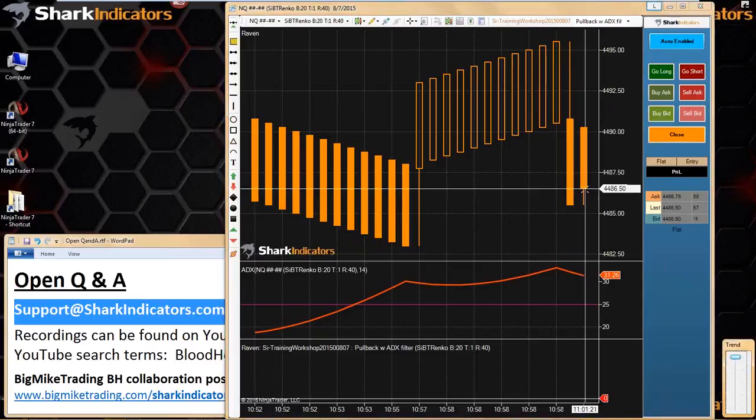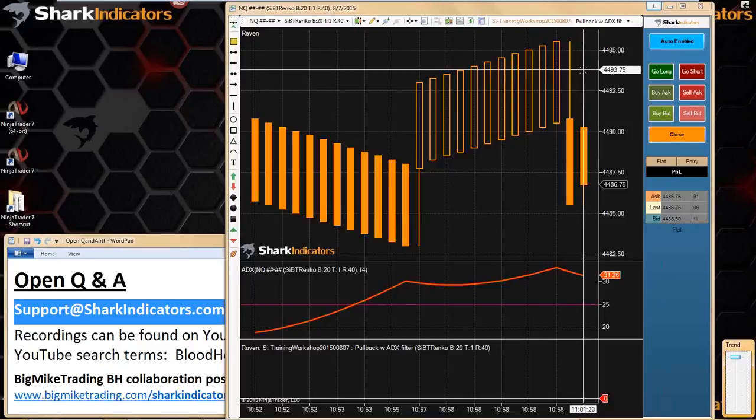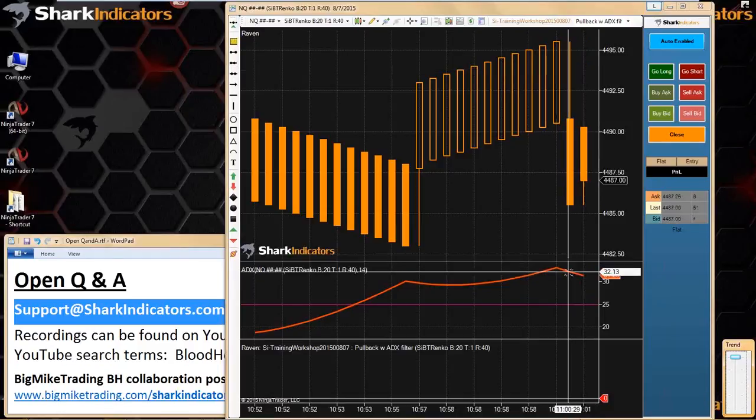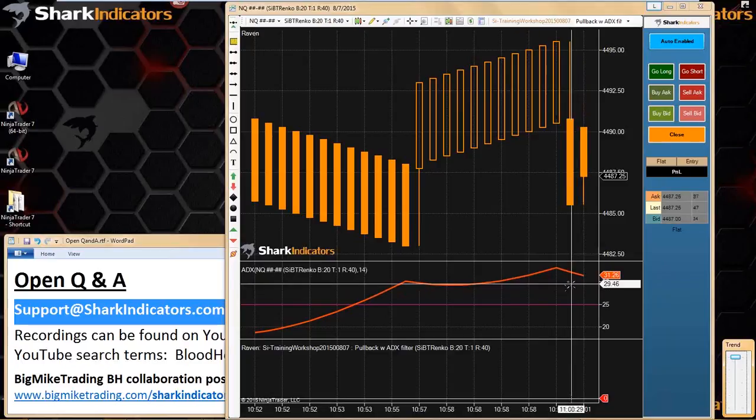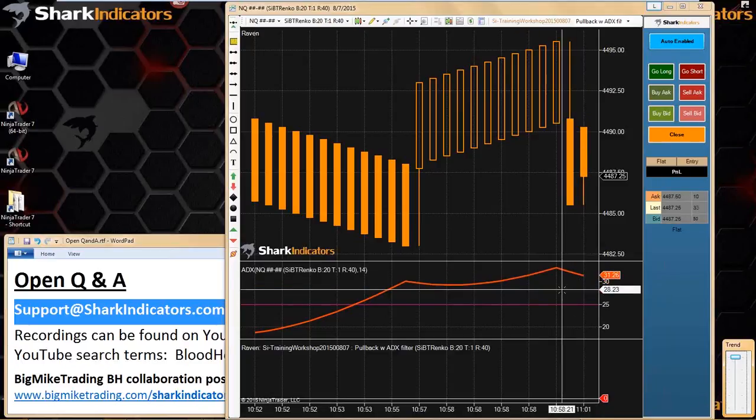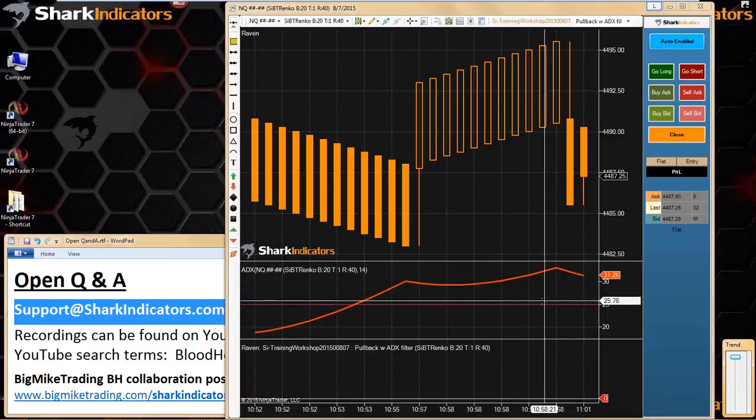Alright, so I'm going to push price back up and try and get a trade going. And we can see that the ADX is still sloping down on us. So no trade should happen. So just gotta wait for price to move up now. Alright, while I'm waiting for that, I'm gonna see which solver is next on the list to cover.